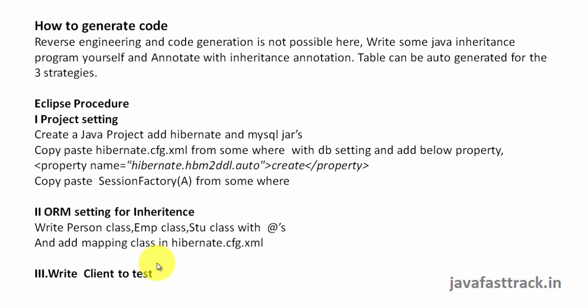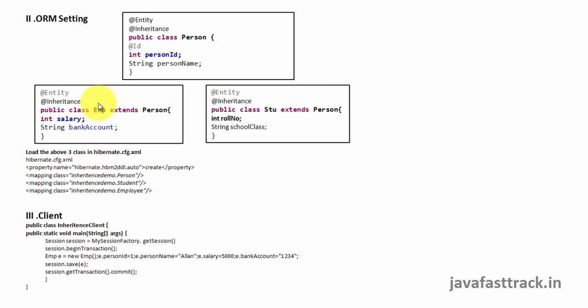So we have done project setting, ORM setting, and the client program I have written for inserting as well as for reading data. So this is the final thing we had: the POJOs annotated with different strategies, and loading these in the Hibernate configuration. The client program remains the same for inserting as well as for reading for all the three strategies.